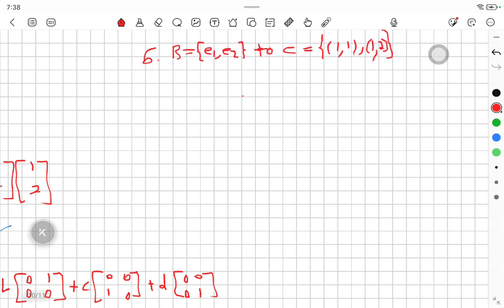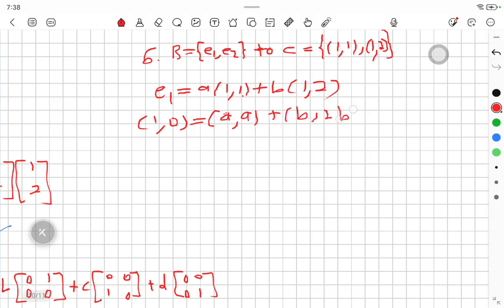You wrote this thing. So we're looking for B to C, meaning I should take E1 is equal to A11 plus B12. Then I solve for this. This one is going to be 1, 0 is equal to A plus B, which is A plus 2B.